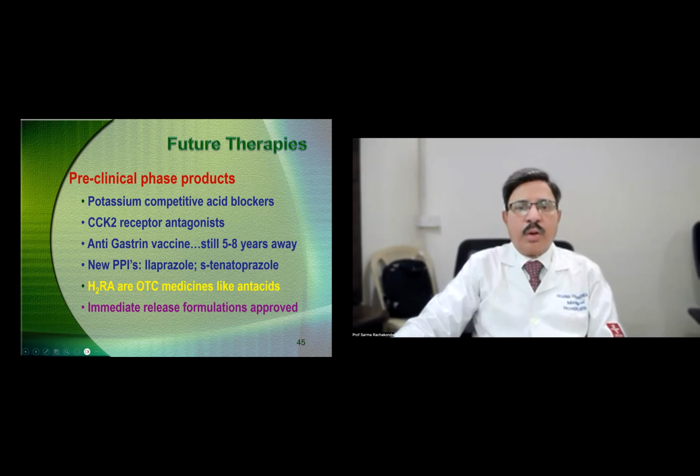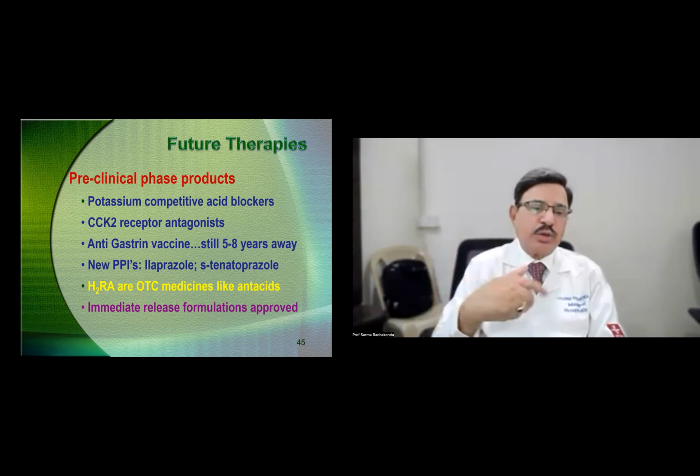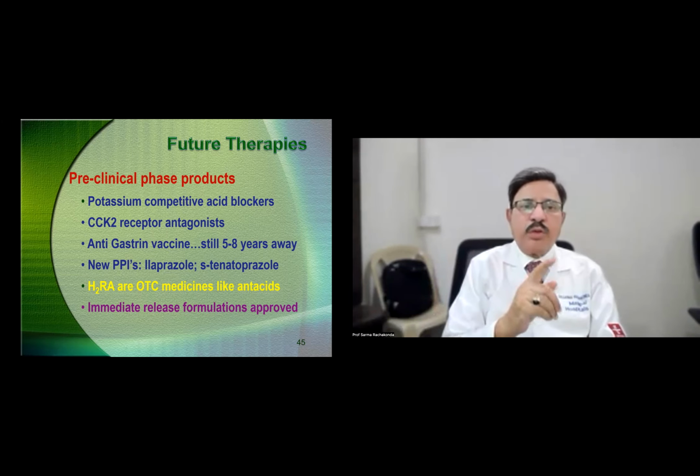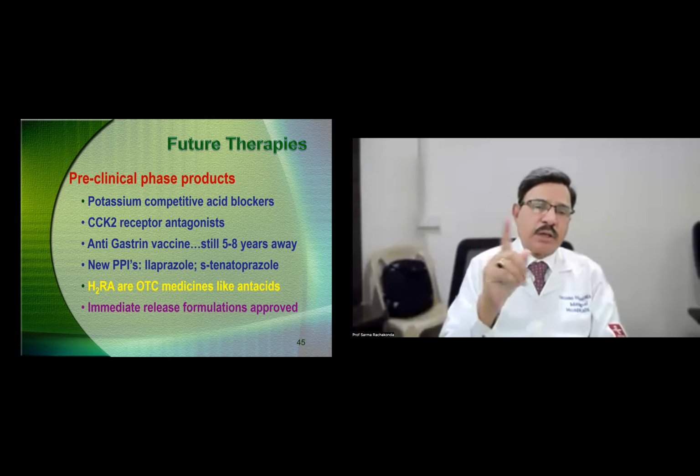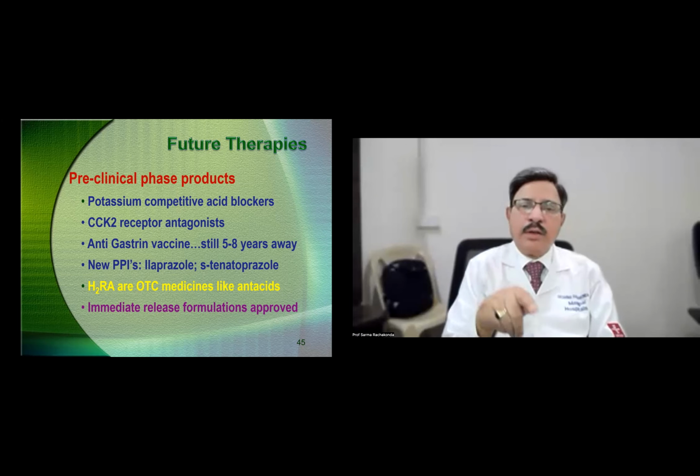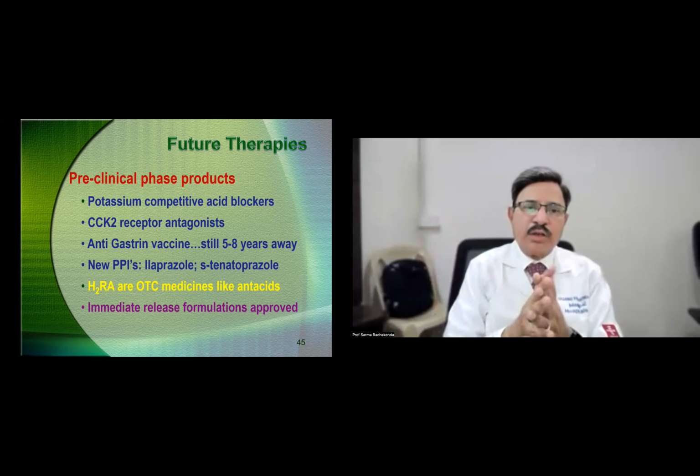For potassium competitive acid blockers, the acid is secreted as H ions into the stomach. So if you use a competitive potassium blocker, potassium is secreted into the stomach in place of hydrogen. So much of the acid is blocked. CCK2 receptor antagonists also reduce the ulcerogenicity and acidity.